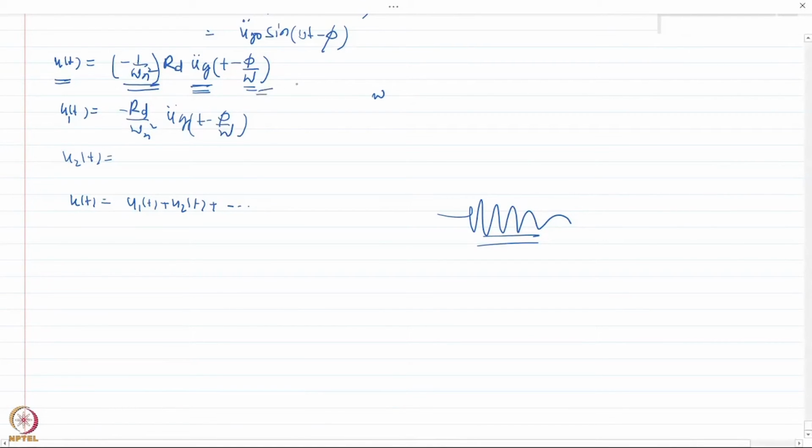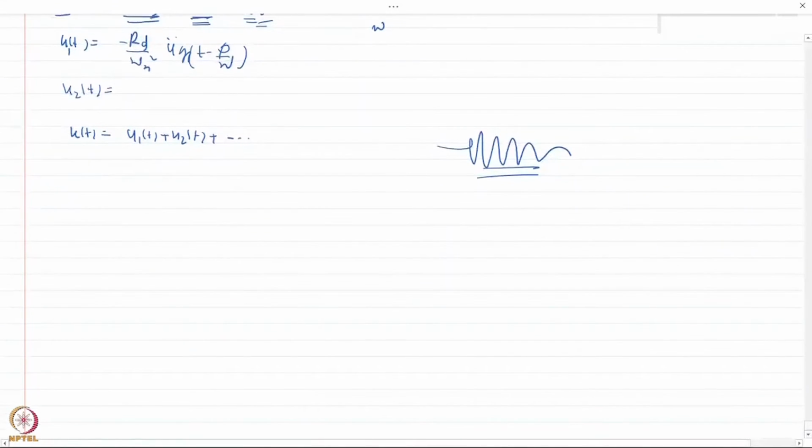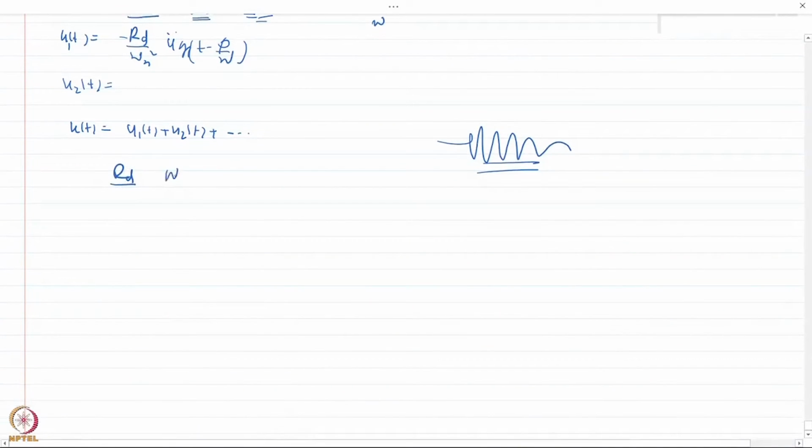All it would need is a constant factor times this R_d, and that constant factor can be found out as the instrument factor of the accelerometer. So this is our goal: make R_d and phi by omega independent of the excitation frequency.